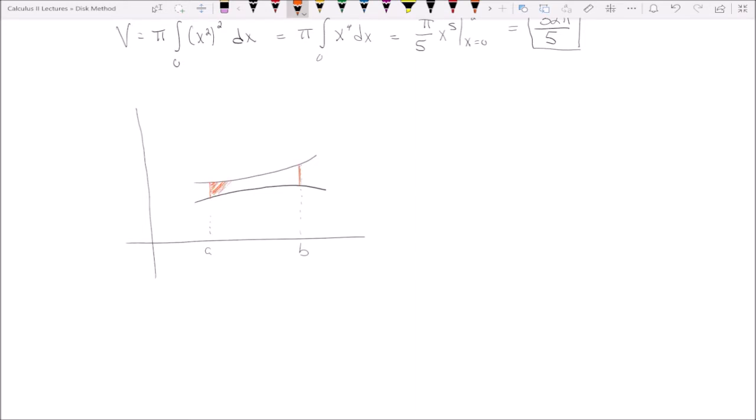All right, so let's consider this region, a region between f of x and g of x. And imagine what happens now if we rotate this about the x-axis.